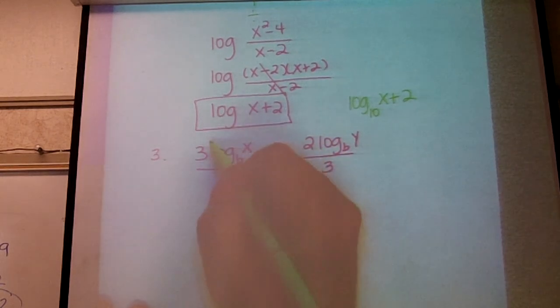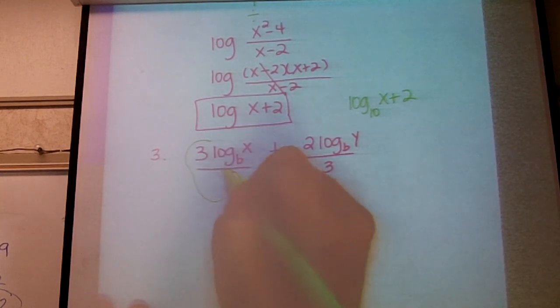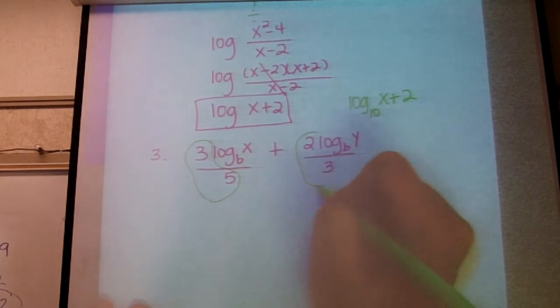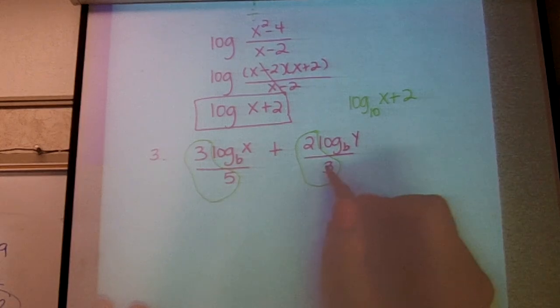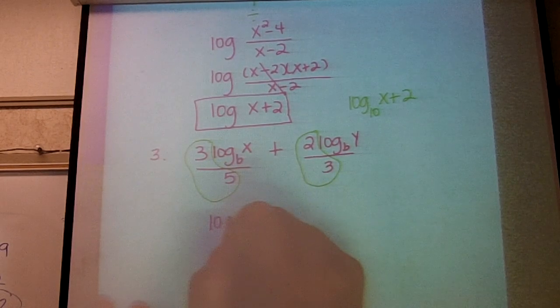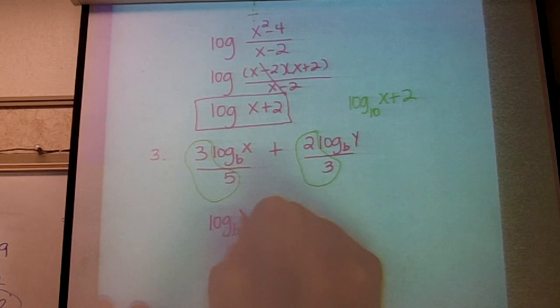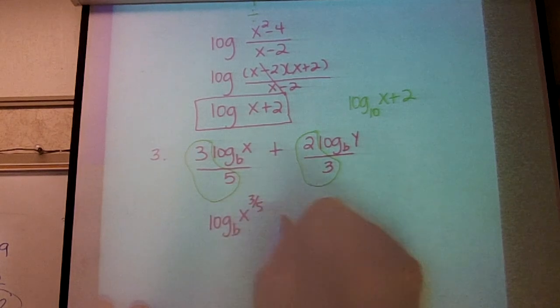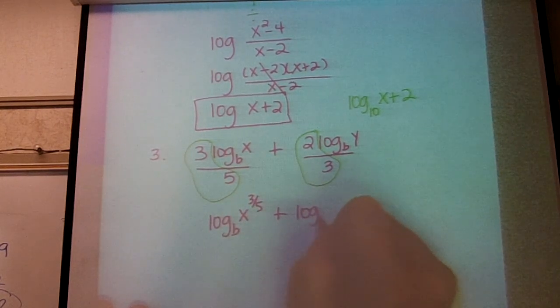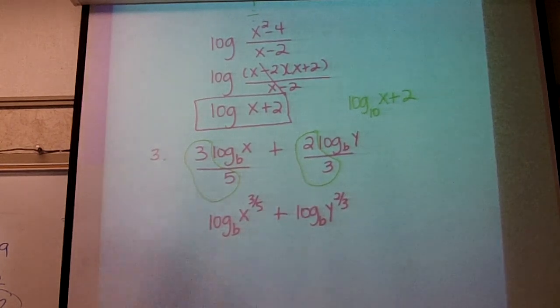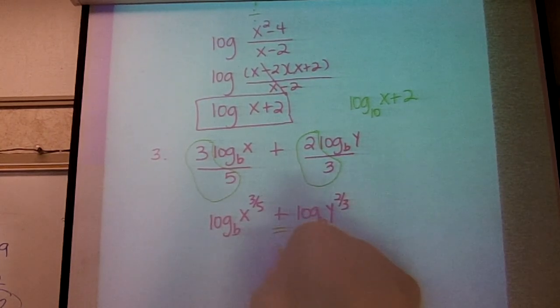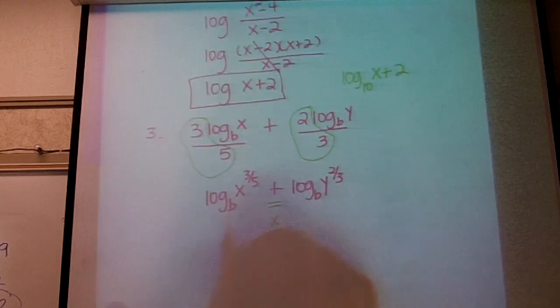Hopefully you've paused. So let's go over this. Do you guys realize that this is just like a fraction in front, right? Which basically tells us it's a power. So log base b of x to the 3/5 plus log base b of y to the 2/3. And then I have a plus, which basically means I'm going to multiply.